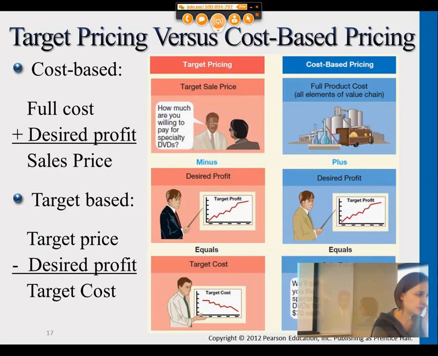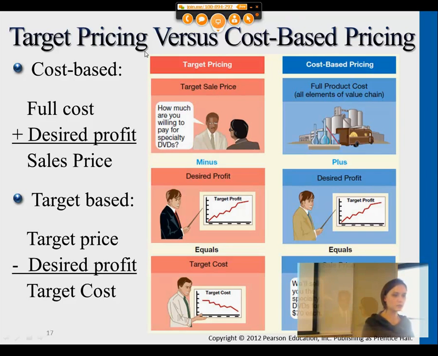Okay, so let's look. We have this target pricing versus cost-based pricing. My target pricing is when I want to achieve that price that's beneficial to me, profitable for me. My cost-based pricing is whatever it cost me, and then I have some markup. So let's see.